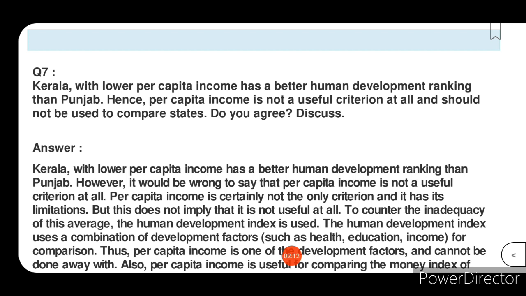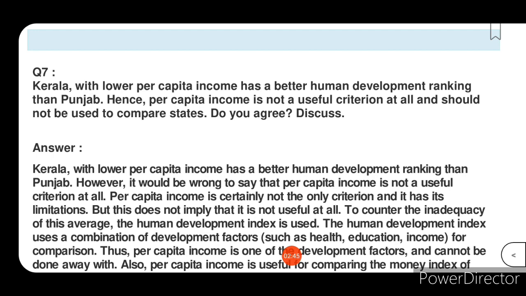The Human Development Index uses a combination of development factors such as health, education, income for comparison. Thus, per capita income is one of the development factors and cannot be done away with. Also, per capita income is useful for comparing the income of states.